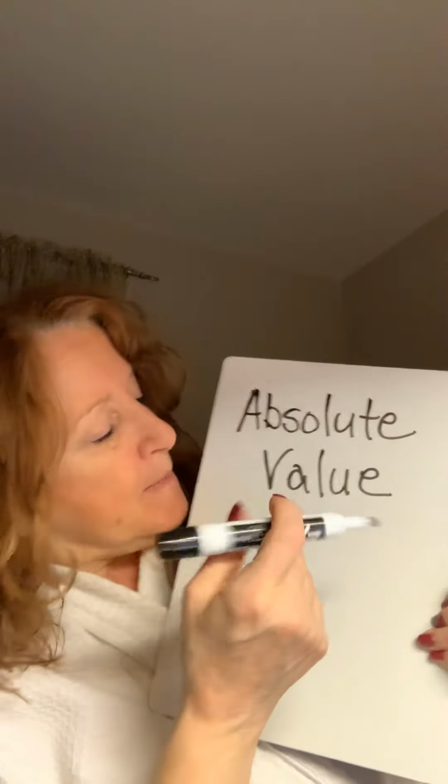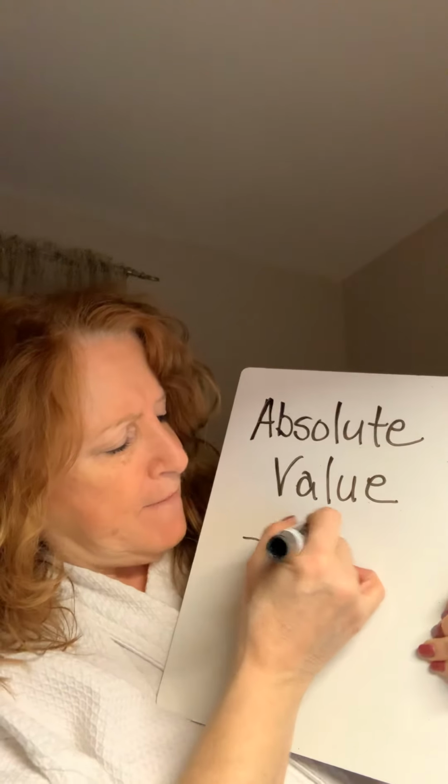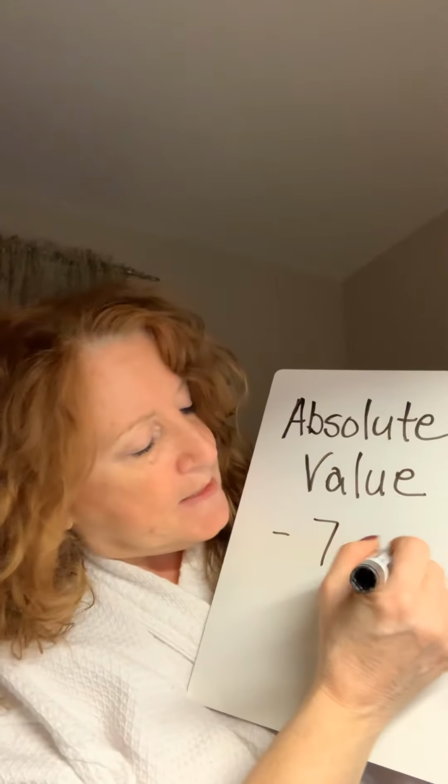Absolute value. This is the easiest thing that you are going to learn in math ever. Yes, easier than 1 + 1. Yes. So the absolute value of a number is its number without the sign attached for today's purposes. So for example, the absolute value of -7 is 7.